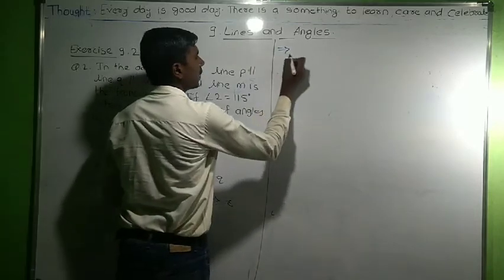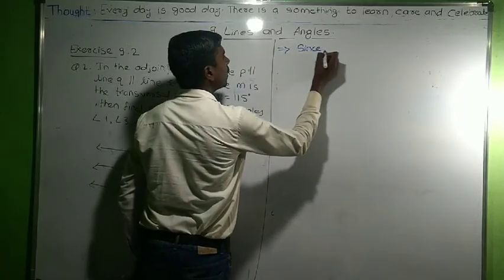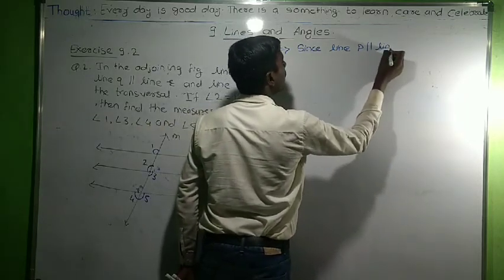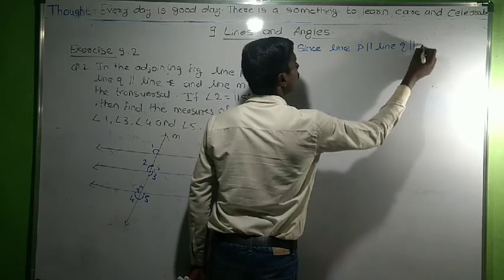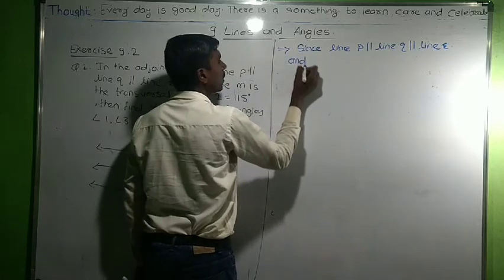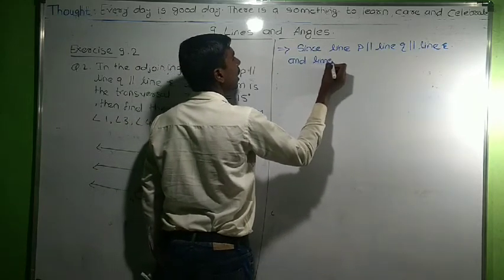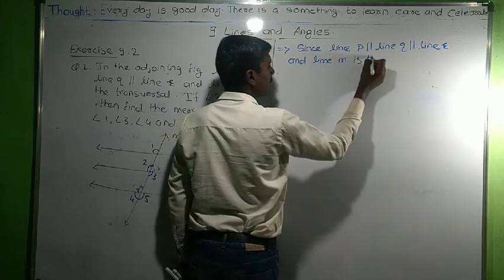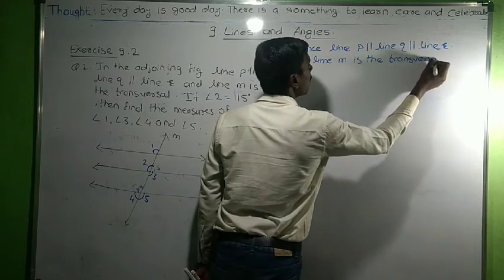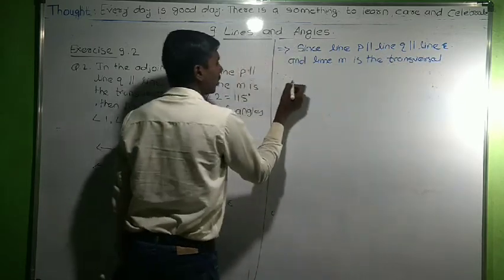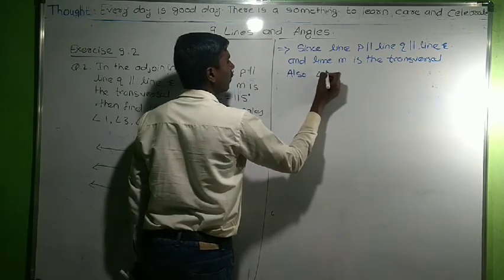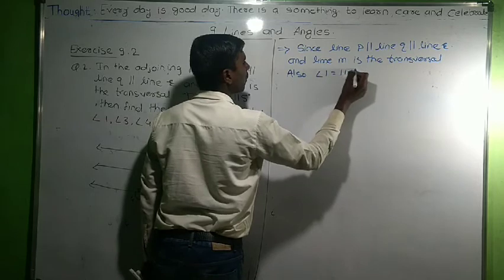So how to start the answer? Since line P is parallel to line Q is parallel to line R, and line M is the transversal, therefore, and also one more thing, angle 1 is equal to 115 degree.